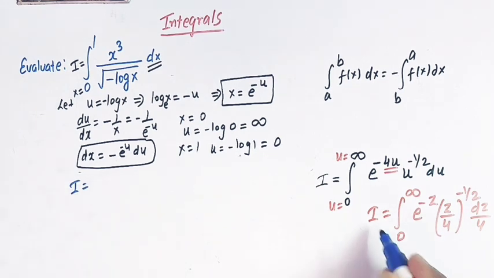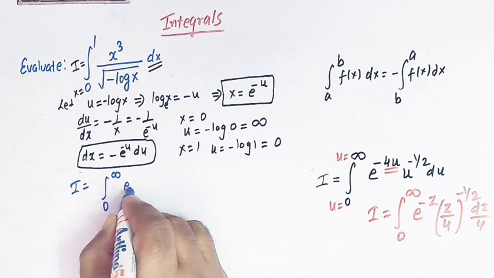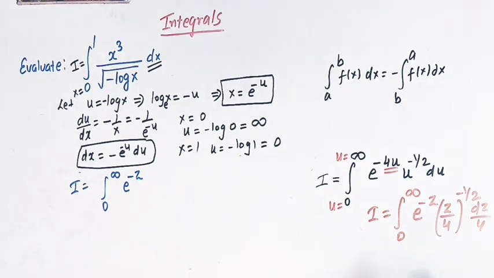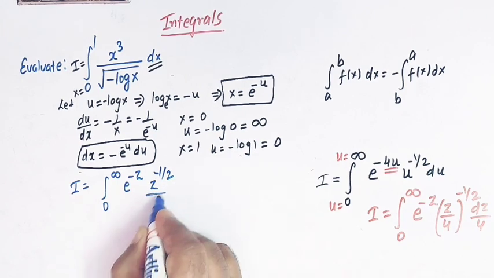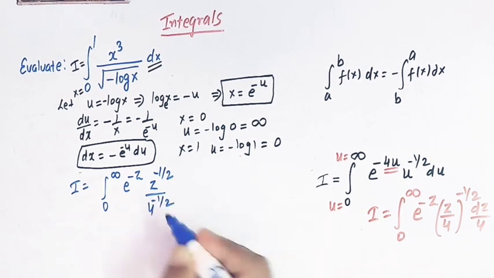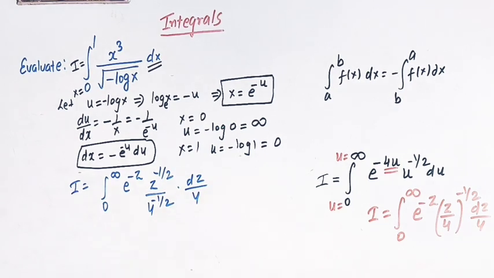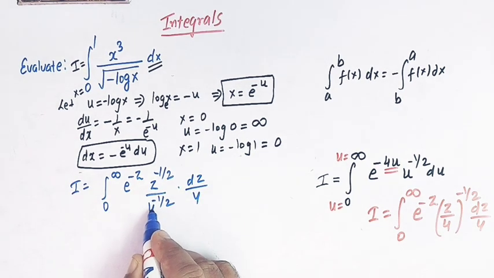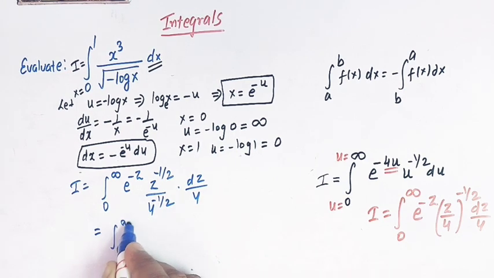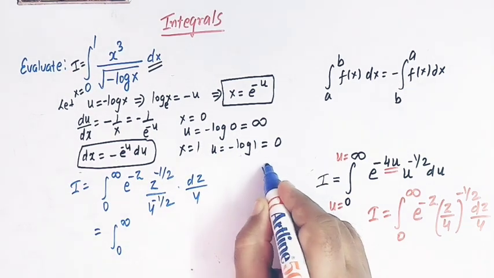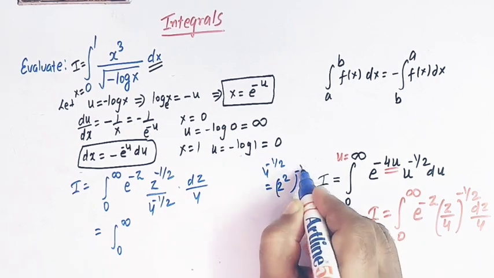So we can now write I as 0 to infinity. Here we have e raised to minus z, and we have z raised to minus half, and we have 4 raised to minus half, and here we have dz over 4, right? Now see, 4 raised to minus half can be written as 2 squared raised to minus half.